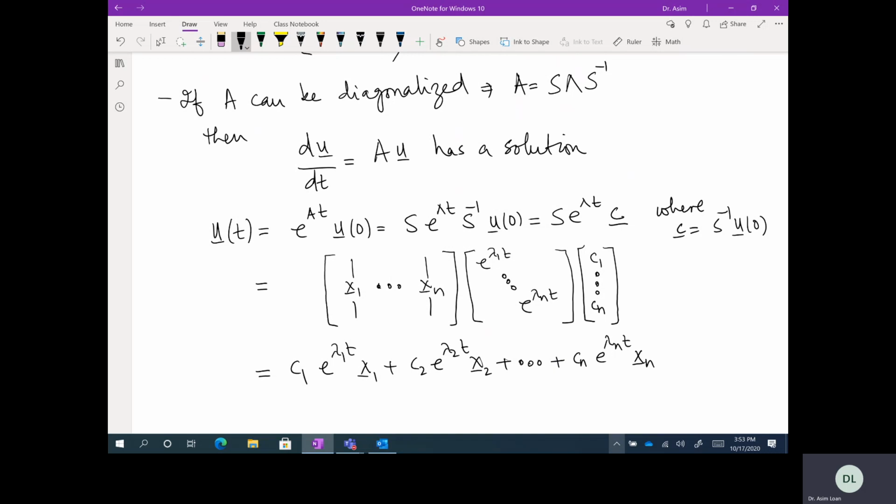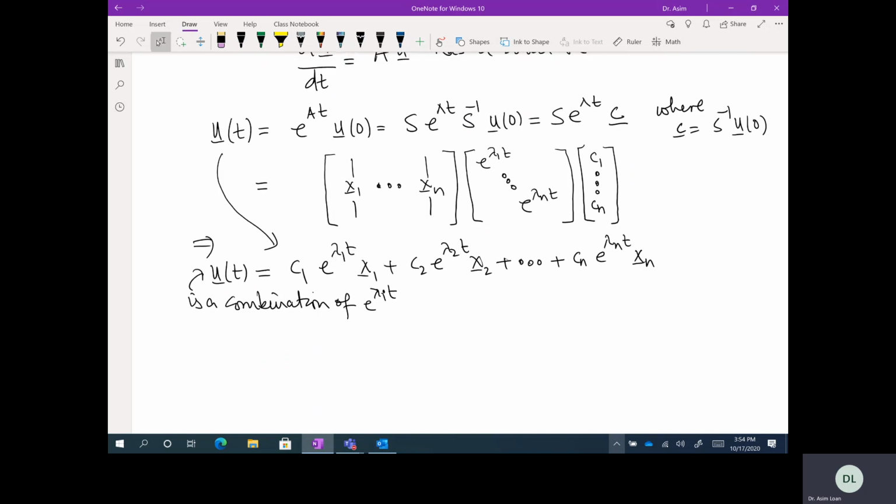So it's a combination of e^(λt). So this implies u(t) is a combination of e^(λi t)'s. So obviously stability will depend on e^(λi t), or most likely the real part of λi. We will see that in a little while.